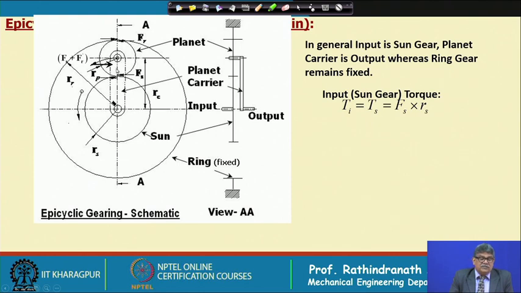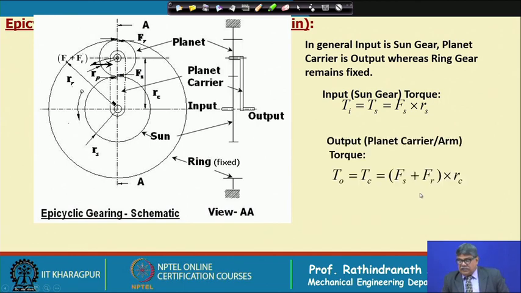That means, if we consider the force over here, that will be equal to twice Fs. So, we can write that output planet carrier arm torque, that means these two forces are again acting at that point, which is nothing but Fs plus Fr, into the radius of the arm or the arm length, that is the Rc.